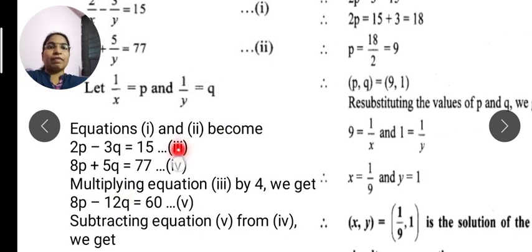Now multiply equation third by 4. You will get 4 into 2, that is 8p, minus 4 into 3, that is 12q, is equal to 60, and 8p plus 5q is equal to 77. Now see equation number 4 and equation number 5. Both have coefficient of p equal to 8. Now subtract these equations.